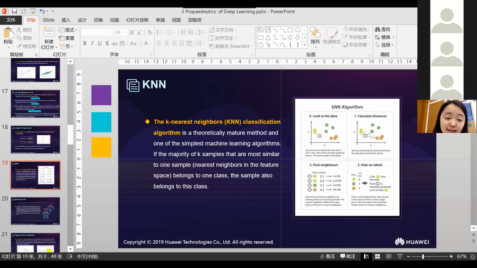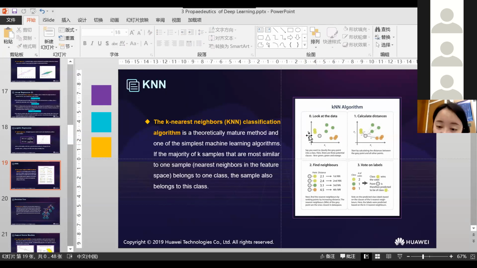For KNN, this kind of algorithm is a classification algorithm. It's an algorithm to solve classification problems. And we may have a view of how KNN works. For example, here we got a lot of samples, these blue samples, these green samples, and these orange samples.